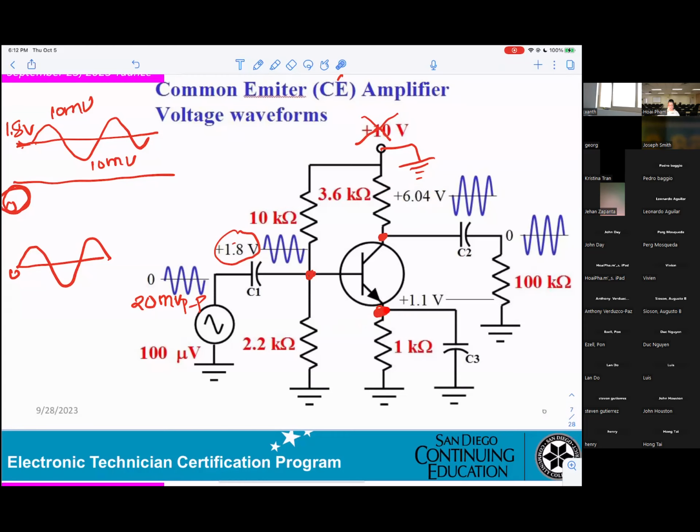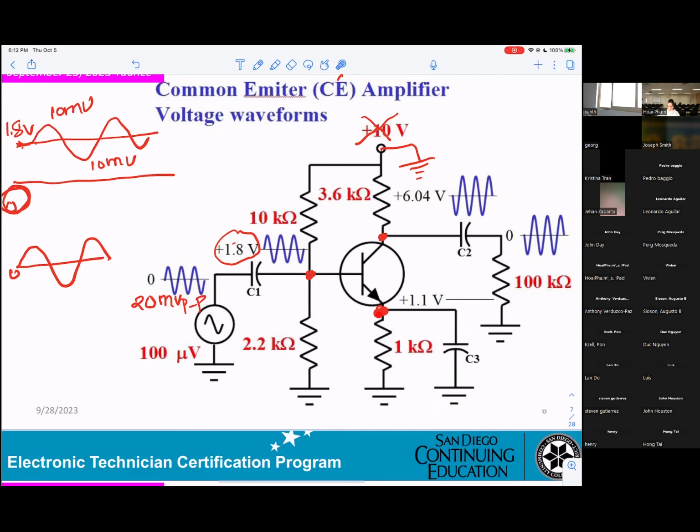No. The sine wave will be shorted to the ground. C3 will be the bypass. Bypass means short to the ground. So this gives the AC the shortest path to the ground.